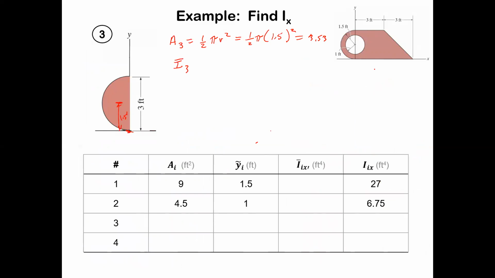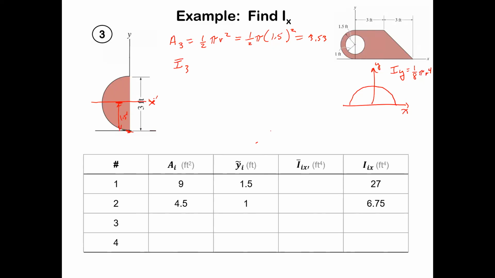So we can take note of that and say, all right, if this semicircle is oriented this way, with an Iy of 1/8 pi r to the 4th, well, that Iy happens to be like the x prime axis.